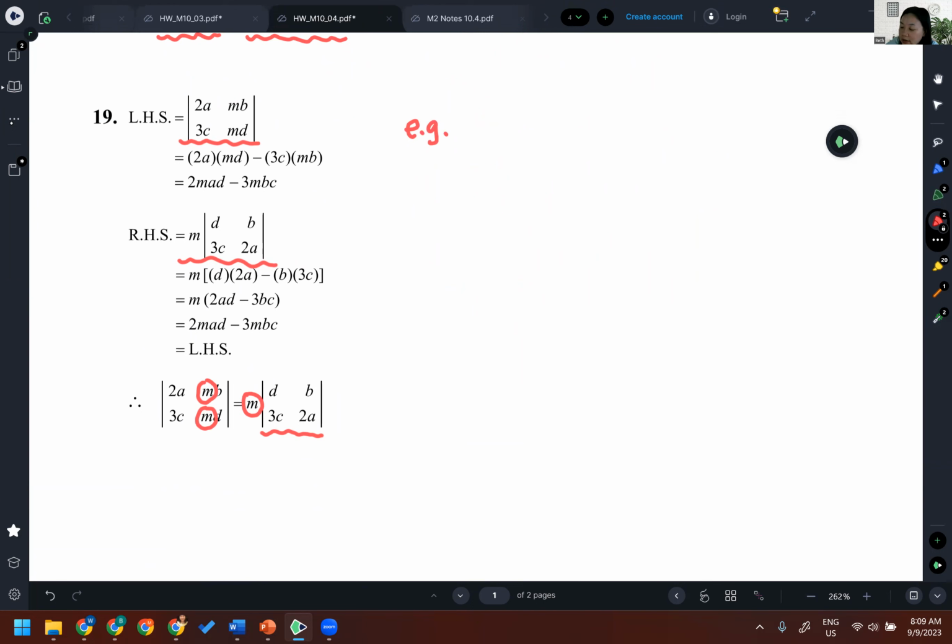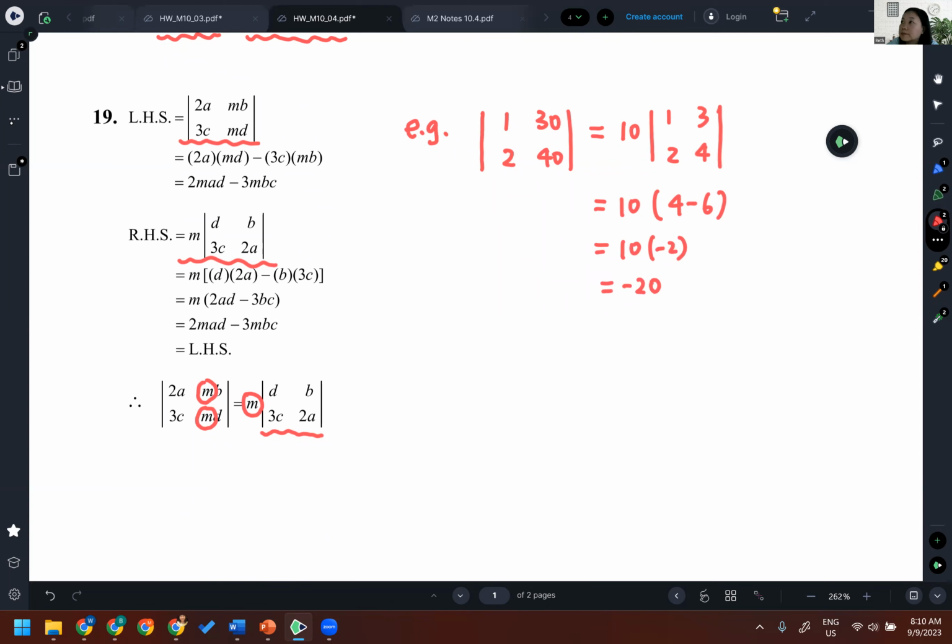For example, in calculating determinants, this is what you can do. This is 1, 2, and this is maybe 30, 40. You can reduce it by taking out a factor 10 from the second column. You will still get the same answer. Now this can be done through a column or a row.